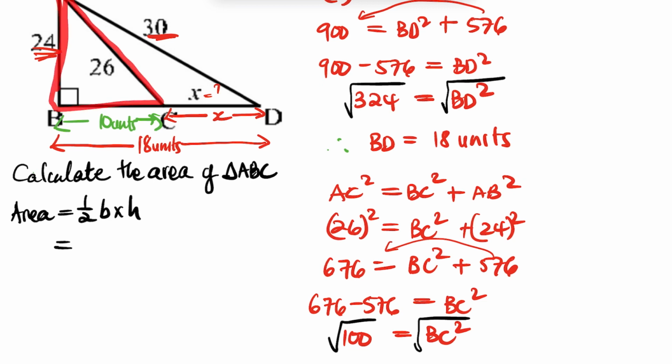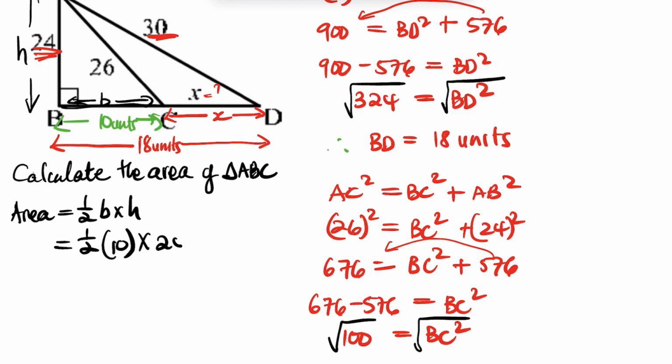So this is the base. So we are referring to this triangle, right? So the base here, this is the base. And this perpendicular height, it's this. So the height is that. So it's half. What is our base? We calculated from here to here. It's 10. So it's 10 times. The height is 24. So the answer will be, you punch that in the calculator, half times 10 times 24.